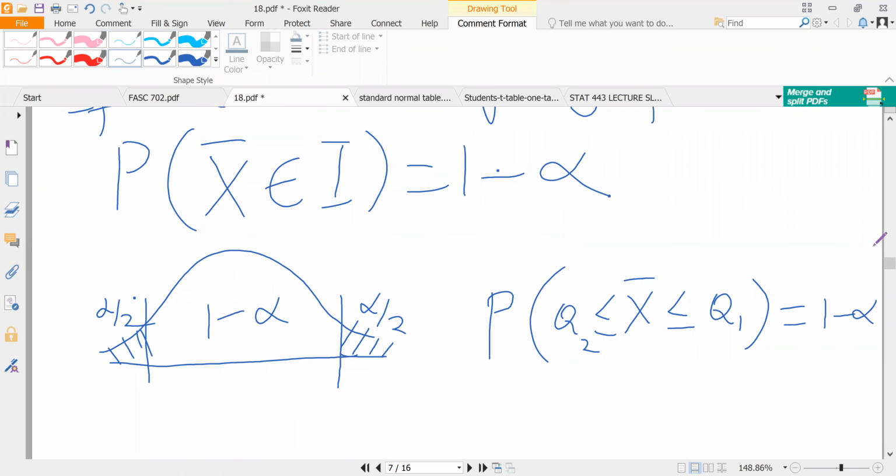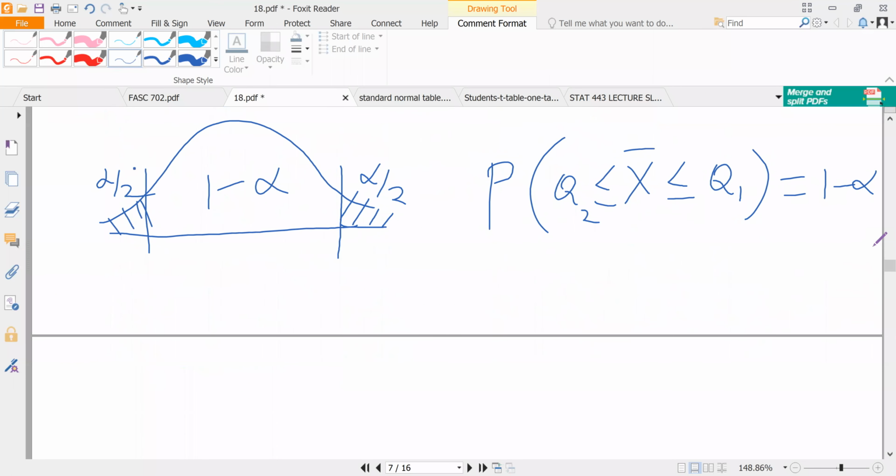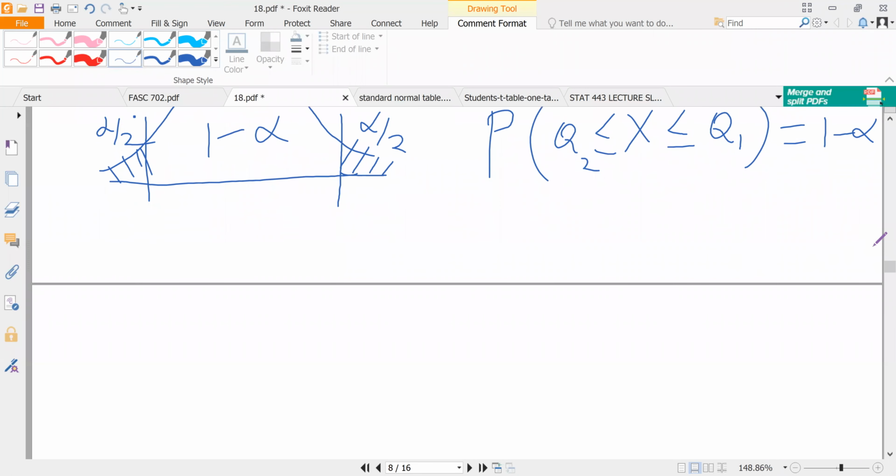To find these exact values of Q1 and Q2, we perform a procedure that we saw last week. We standardize X bar. Remember, last week we saw two test statistics.